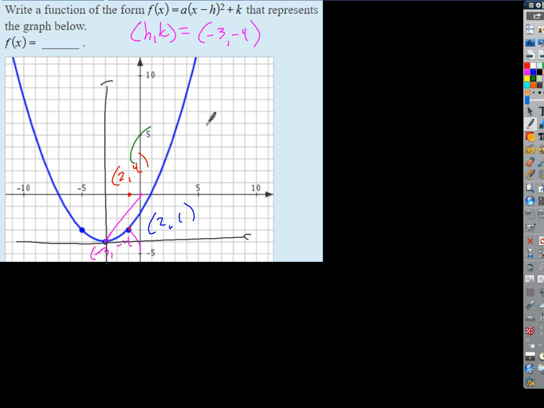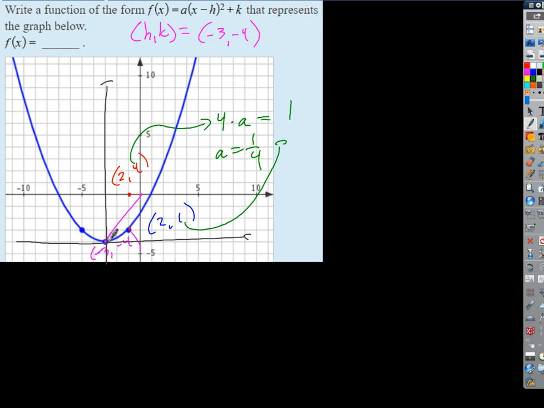The original value 4 times a has to equal the final value. I just solve for a. Divide both sides by 4, and I get a equals 1/4. And you probably already see that a is always just going to be the final y value divided by the initial y value, if I'm starting at the origin.